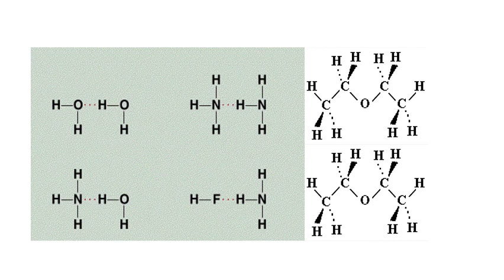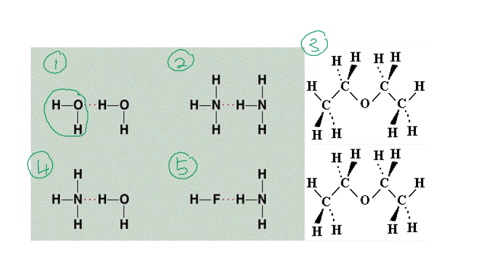Now here we have 1, 2, 3, 4 and 5 groups of molecules. For example, the first one, H2O, and this is another H2O molecule. This hydrogen is bonded to oxygen, and then it is attracted to another oxygen.